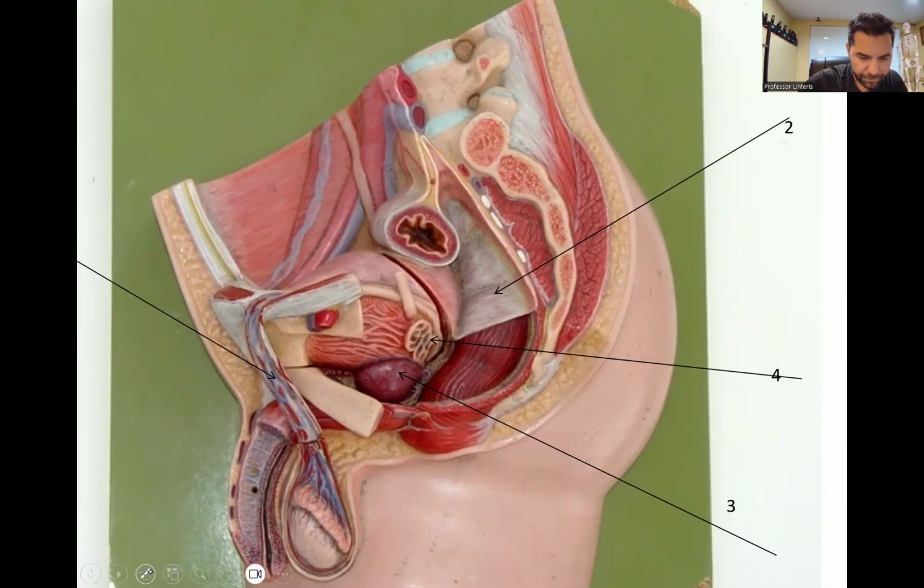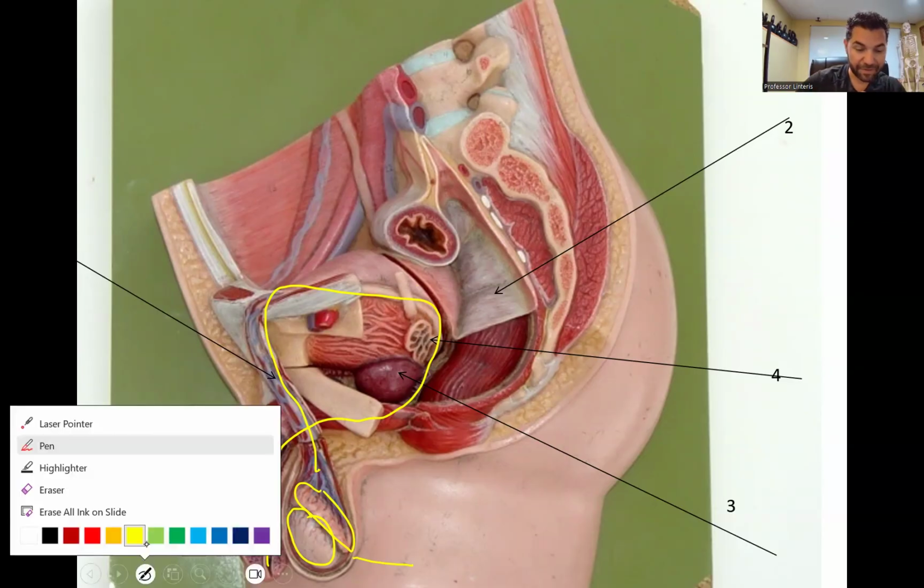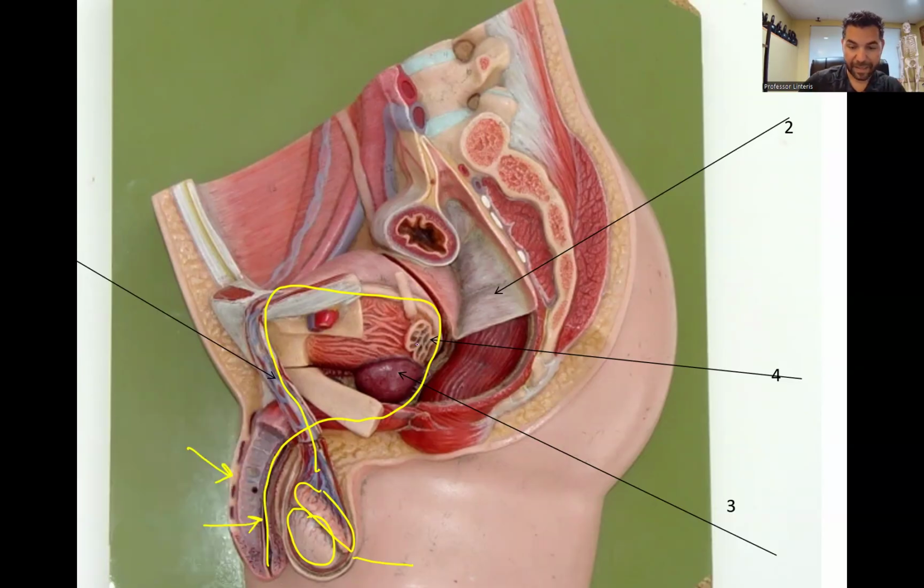Let's start off with the order we talked about before: testes, scrotum, epididymis, and the vas deferens comes up. It's going to come around, down, and out. So clearly we have the penis and the urethra as well. You can see some accessory structures here, like the prostate and the seminal vesicles, as well as the urinary bladder.